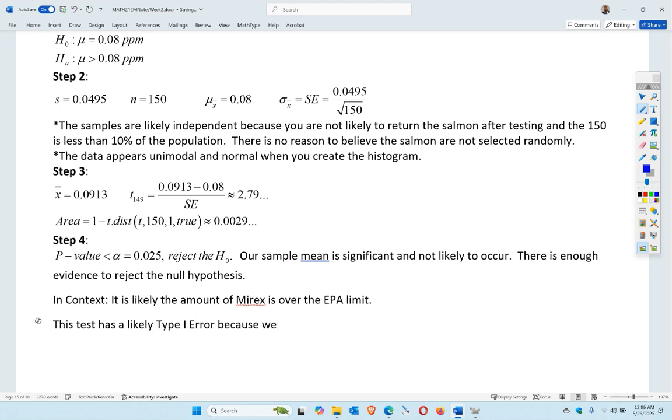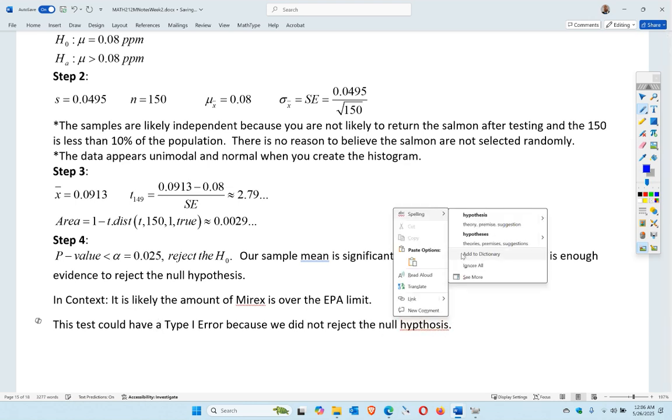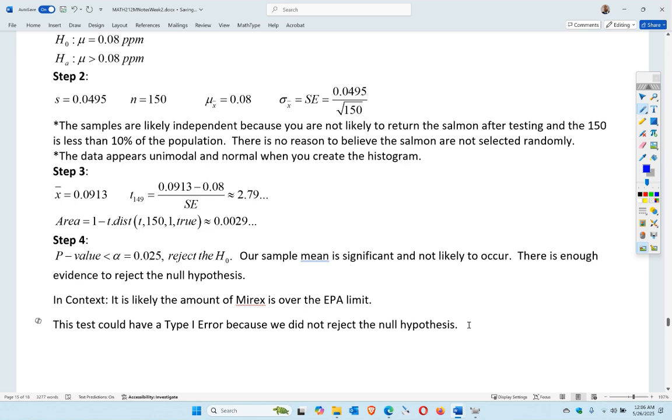Because we did not reject the null hypothesis, I don't know if it's likely. I would say it could have a type 1 error. Okay.